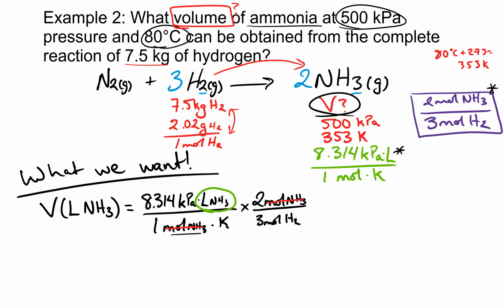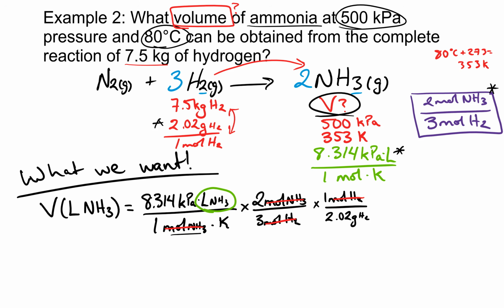Well, the other piece of information that has moles of hydrogen is the molar mass of hydrogen. So if I flip it, 1 mole of hydrogen has a mass of 2.02 grams of hydrogen. Okay, that's good. Moles of hydrogen, cancel out moles of hydrogen. Son of a gun. Now we have grams of hydrogen left over.